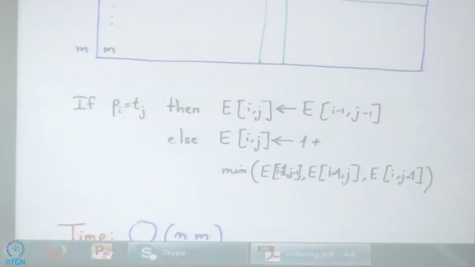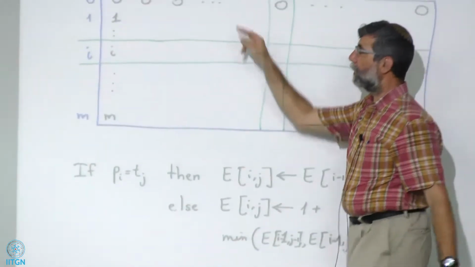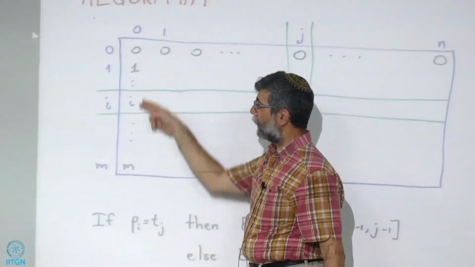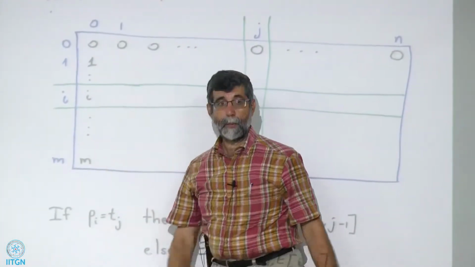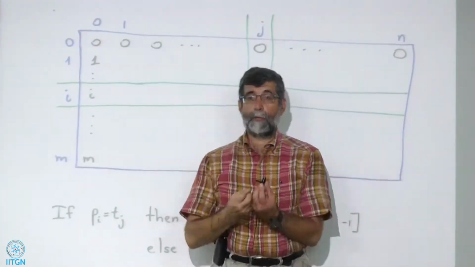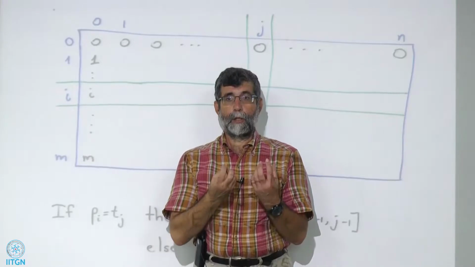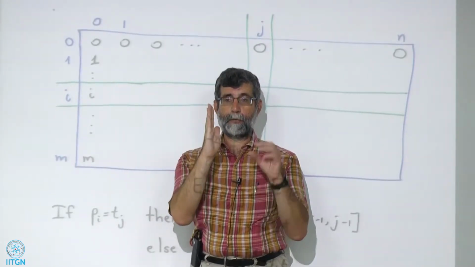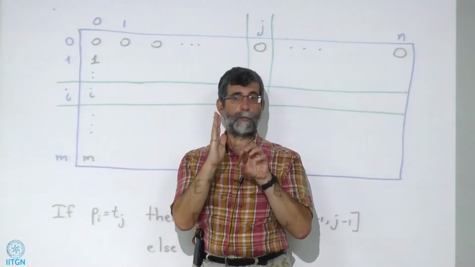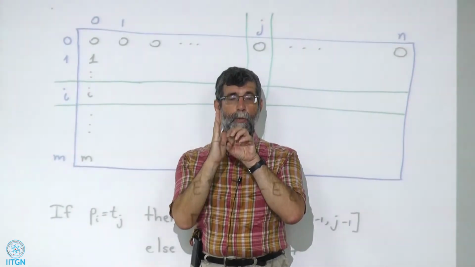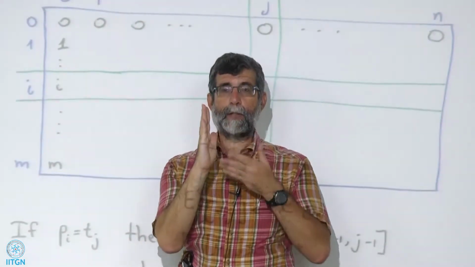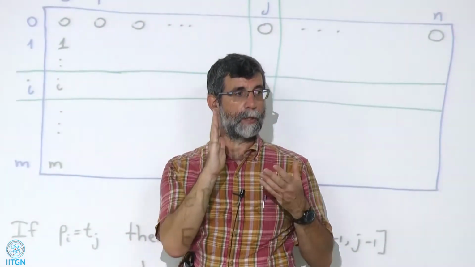So you start off with initializing a 0 row, and the 0 column is going to be initialized at 1, 2, 3 to m. That's because before the text even started, if you ask how many errors do I have ending before the text started with the first pattern position, well, 1 error, because you're trying to stick a letter there and there's nothing there, so obviously there was a deletion.